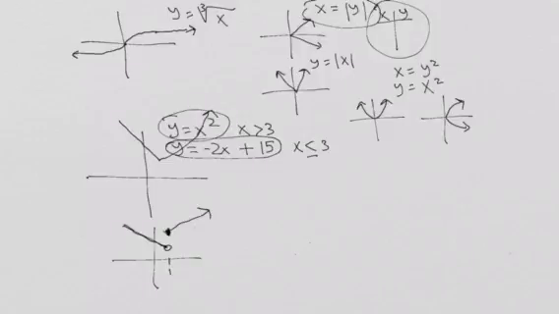Then the last thing I'm going to talk about in this video is what they call the greatest integer function. You're not going to see it a lot as you get further in math.